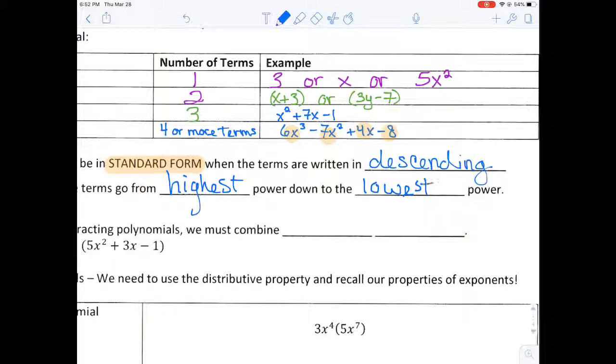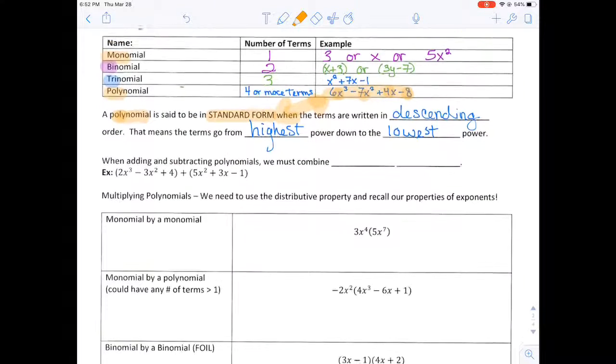And the lowest power is usually going to be the number that's a constant. So this one that we did up here to represent the polynomial, that one's written in standard form because we start with x cubed and then we go down to an x squared and then an x and then a constant. So that one is written in standard form.